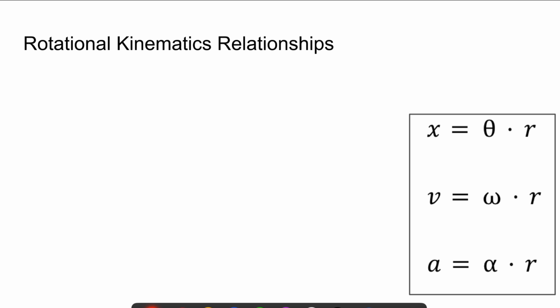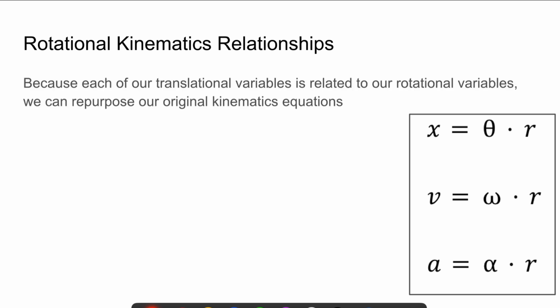So, using those relationships between our translational variables and our angular or rotational variables, we can now take our kinematics equations that we use for translational motion, and we can make new equations from them that we can use for rotational motion. So we're going to walk through a quick example of one of those equations, but you can do this with any of the big four motion equations we talked about back in Unit 1, our translational kinematics unit.